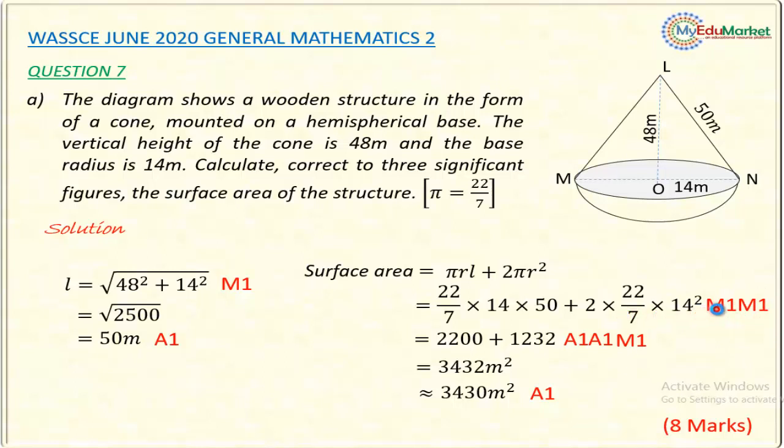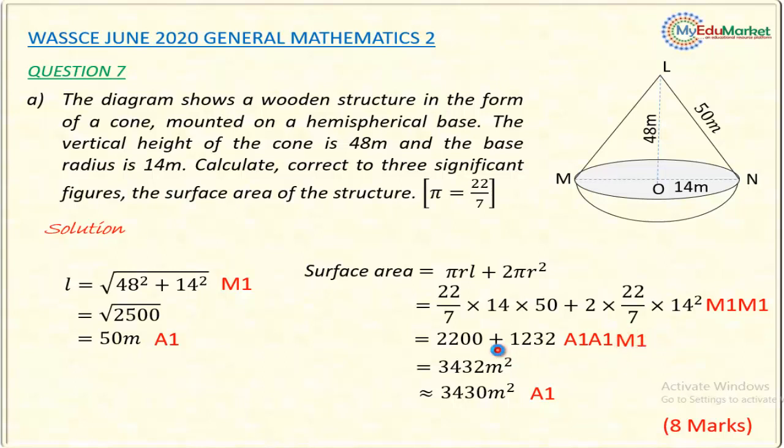And for getting the curved surface area of the cone, 2200, accurately, you have this A1 mark. And for getting the surface area of the hemisphere as 1232, you have the other A1 mark. And now for adding the two values to get the total surface area of the structure, meaning the curved surface area of the cone plus the area of the hemisphere, you have this method mark.